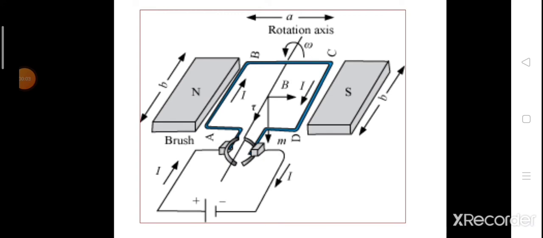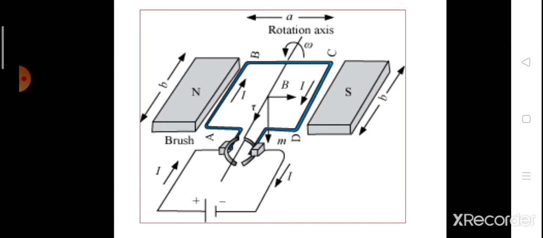The ends of the loop are connected to two split rings which are connected to a battery by means of carbon brushes. Let ABCD be the rectangular loop under consideration, and the axis of rotation of the loop is as shown in the figure.